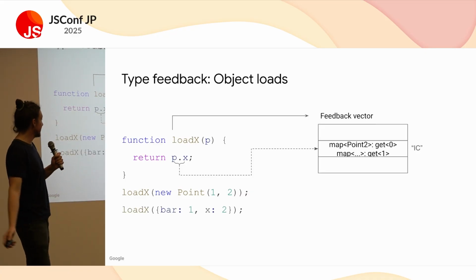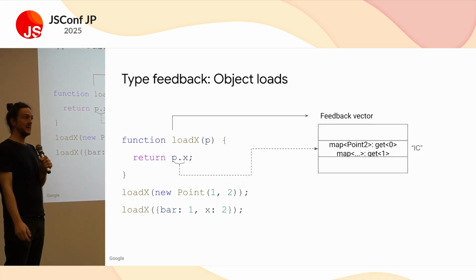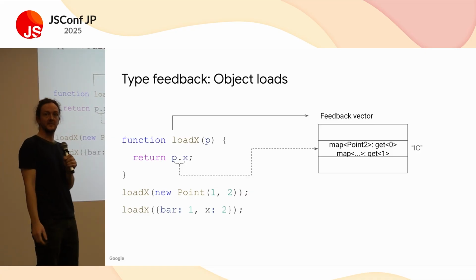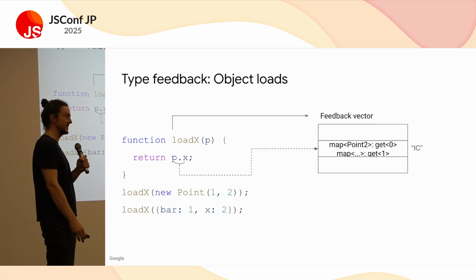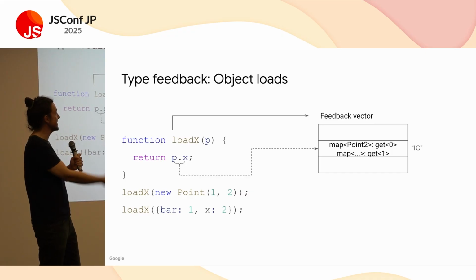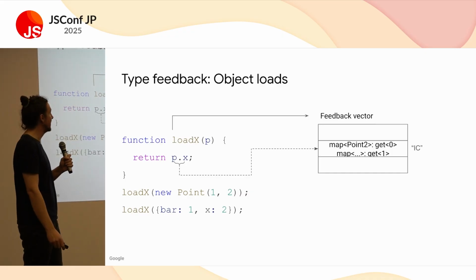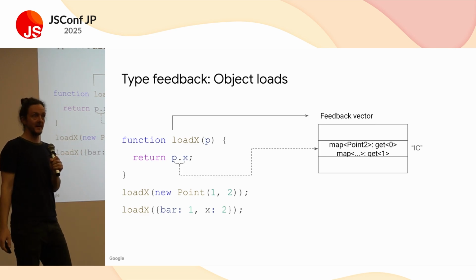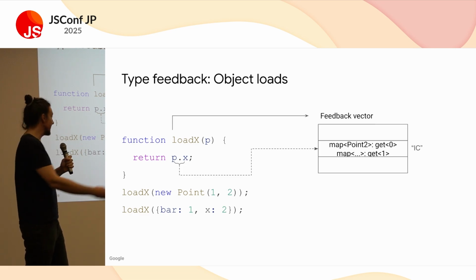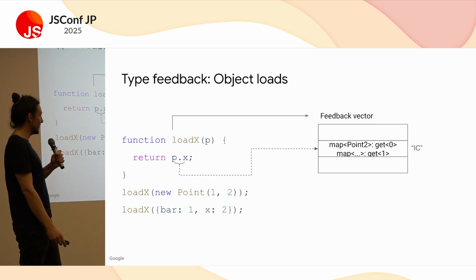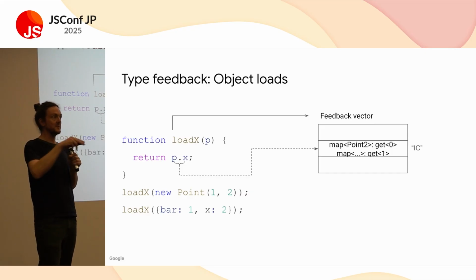If you pass something else, then the object might look different, and we can add different entries to this metadata. So we can also say, if you see an object with this other map, then you should load the property from offset 1. And now you can actually see that it matters the order in which you define your properties.